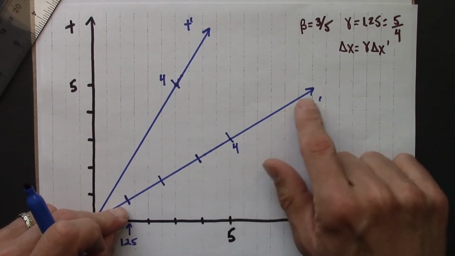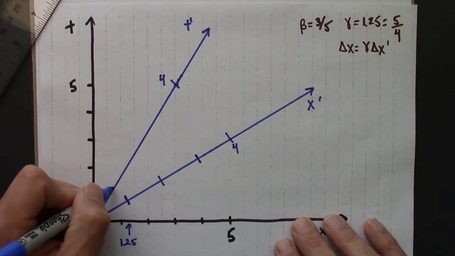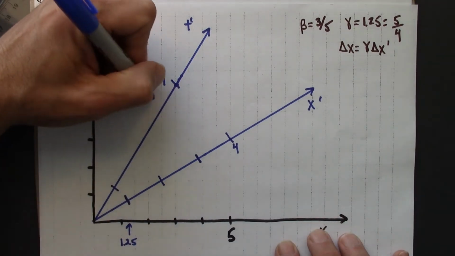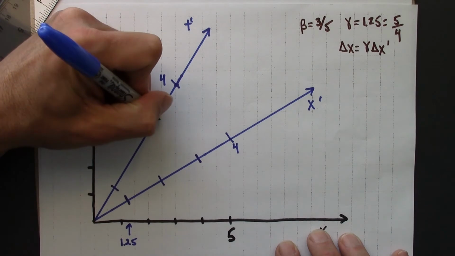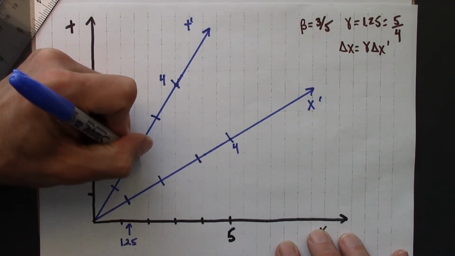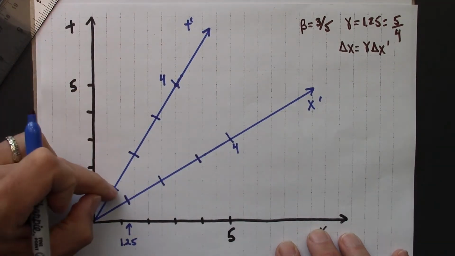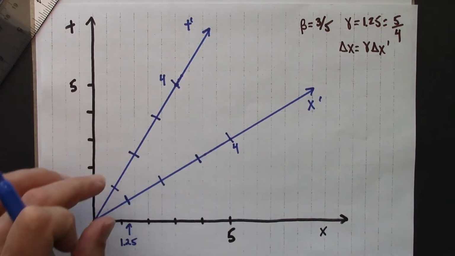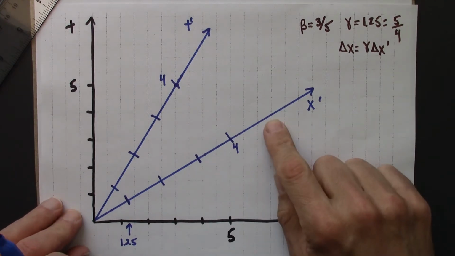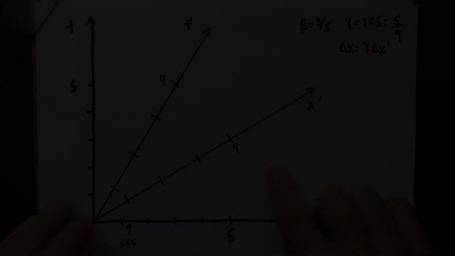So 1, 2, 3, 4 in t primed, 1, 2, 3, 4 in x primed. So now I'm going to draw the world line of an object.